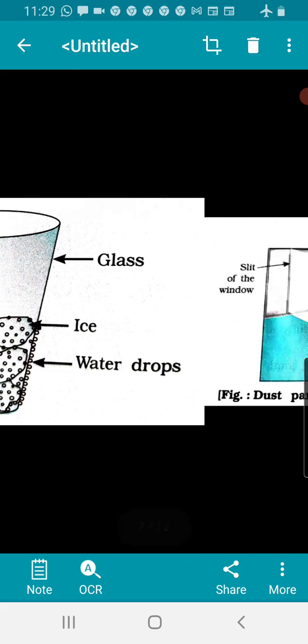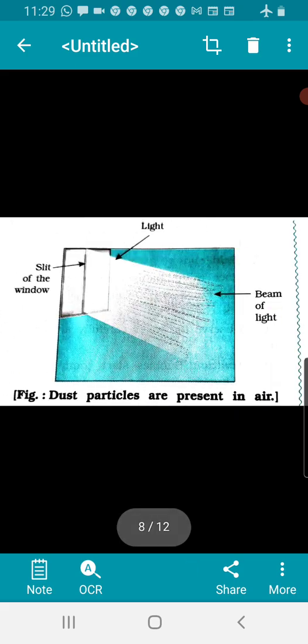The next one, the dust and smoke. If you look through a slit in the door, otherwise a small opening, you can see the dust particles floating in the air. The burning of fuel also produces smoke. The smoke contains a few gases and fine dust particles and is often harmful.